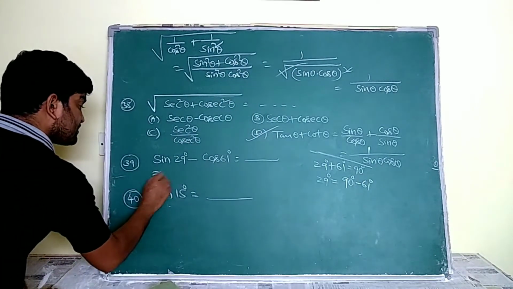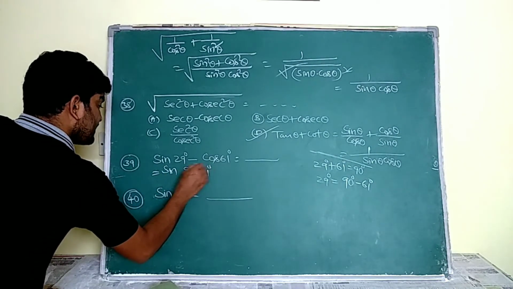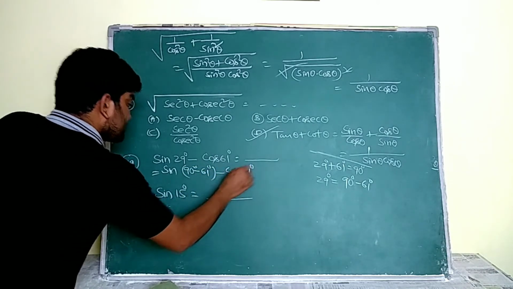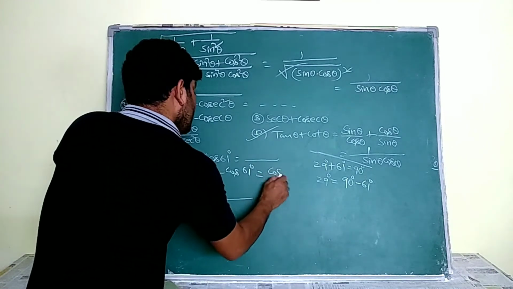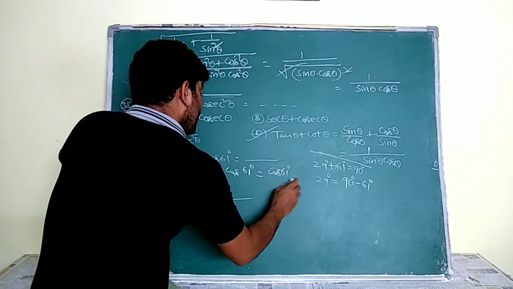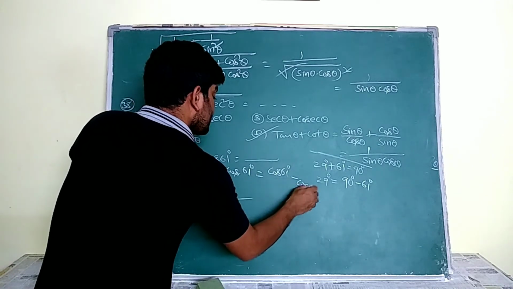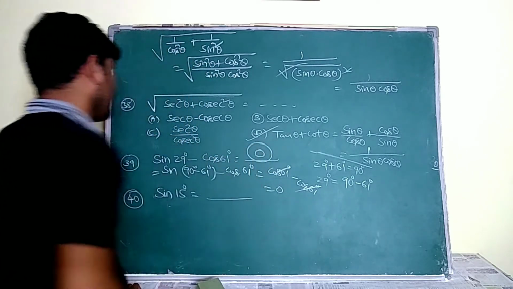So here I am going to express this sin 29 value as sin of 90 minus 61 degrees, minus cos 61 degrees. Sin 90 minus theta is cos theta, so cos 61 degrees. Minus, again here we are having cos 61 degrees. These two are going to be cancelled. Then its value is 0.